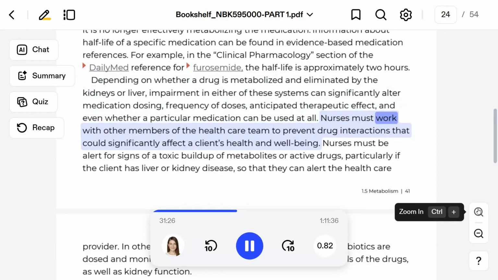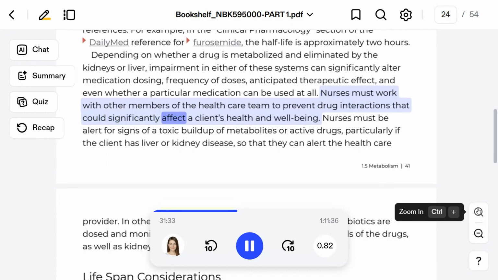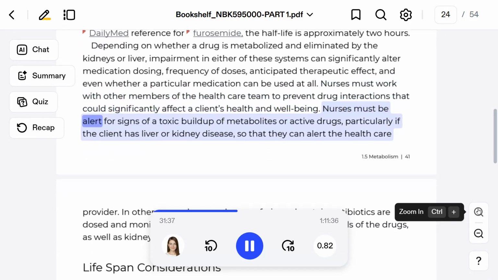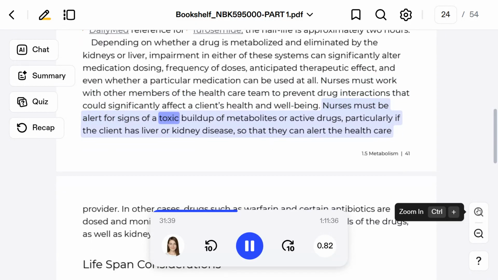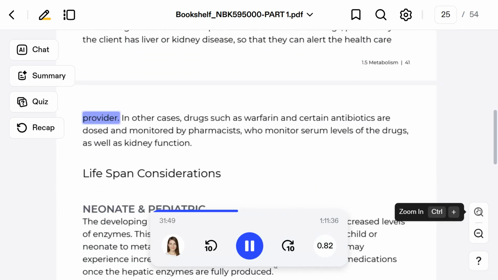Nurses must work with other members of the healthcare team to prevent drug interactions that could significantly affect a client's health and well-being. Nurses must be alert for signs of a toxic buildup of metabolites or active drugs, particularly if the client has liver or kidney disease, so that they can alert the healthcare provider.